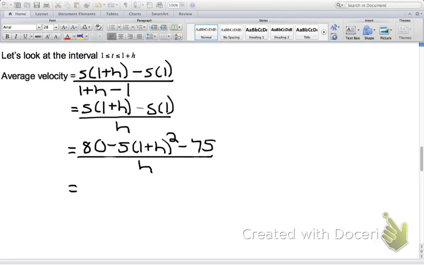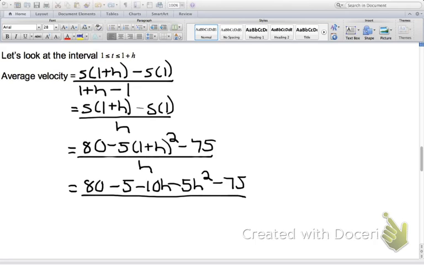When we expand here, we have 80 minus 5 minus 10h minus 5h squared minus 75. If you are forgetting how to expand, please go ahead and expand 1 plus h squared and then multiply it by 5. But we should all be good at doing that by now.